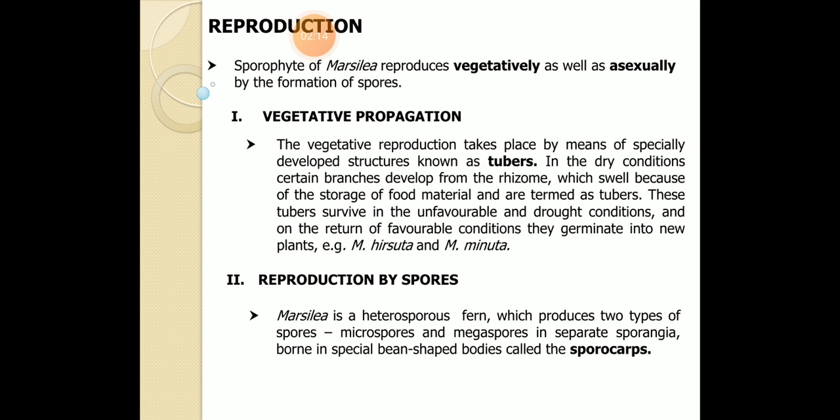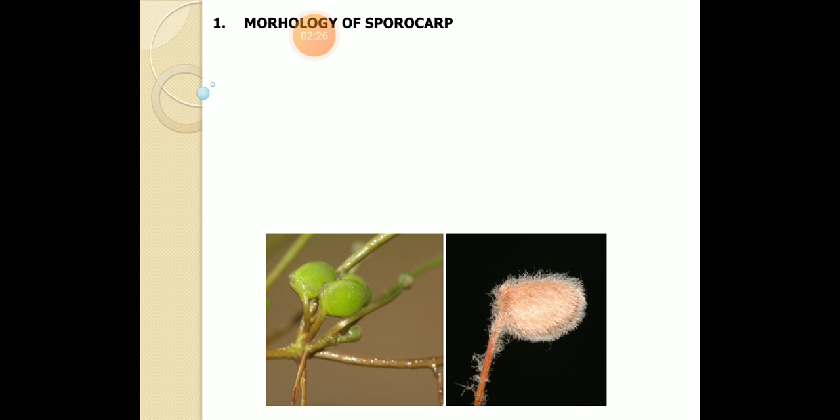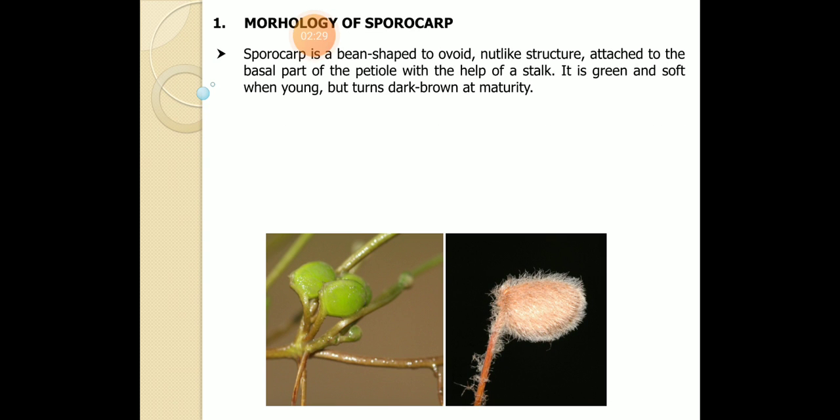Usually Marsilia has the special characteristic that microspores and megaspores are produced in a special structure called a sporocarp. Going to the structure of the sporocarp, this figure is showing how the sporocarp will be there. Usually the sporocarp is an ovoid nut like structure attached to the basal part of the petiole with the help of a stalk.